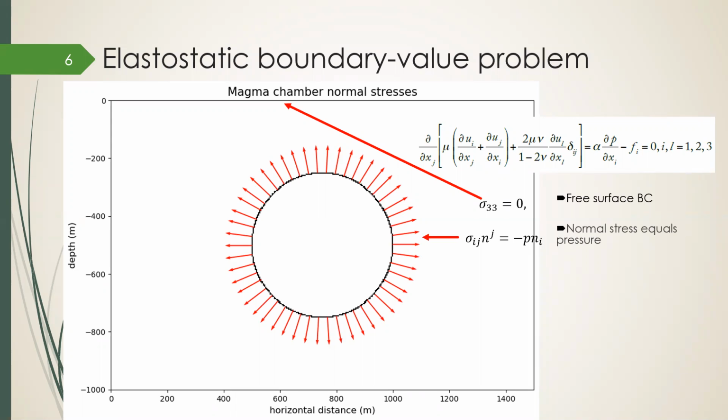We basically need to solve this in order to solve the problem of forward modeling the effect of a pressurized cavity on deformation. Of course, here I'm assuming in this equation that the medium is homogeneous.